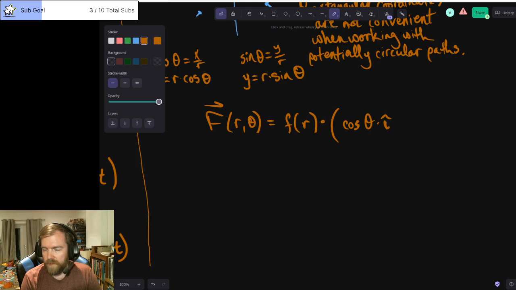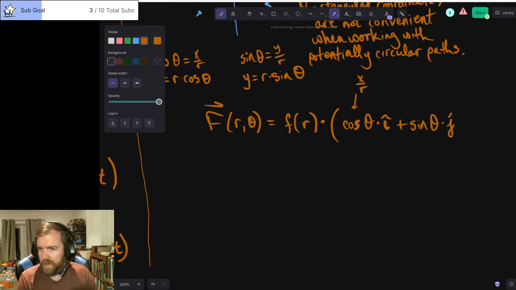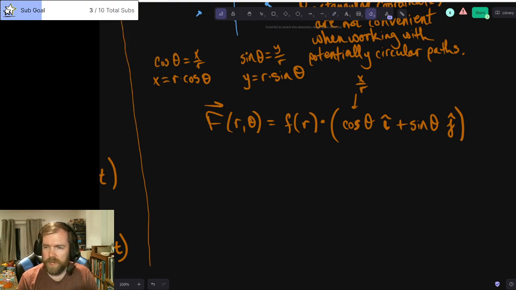So we take the normalized x over r distance, which is cosine of theta, times i hat. It's also our component of the normalized vector, and the sine of theta j hat. It's not really times, but it's in those directions.